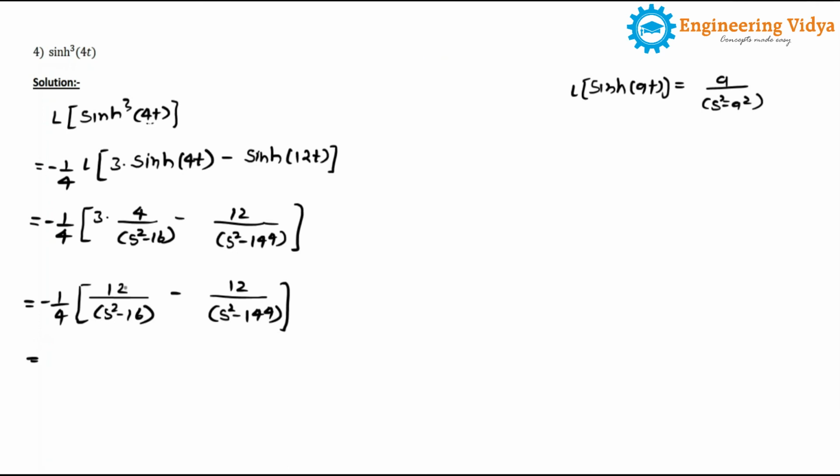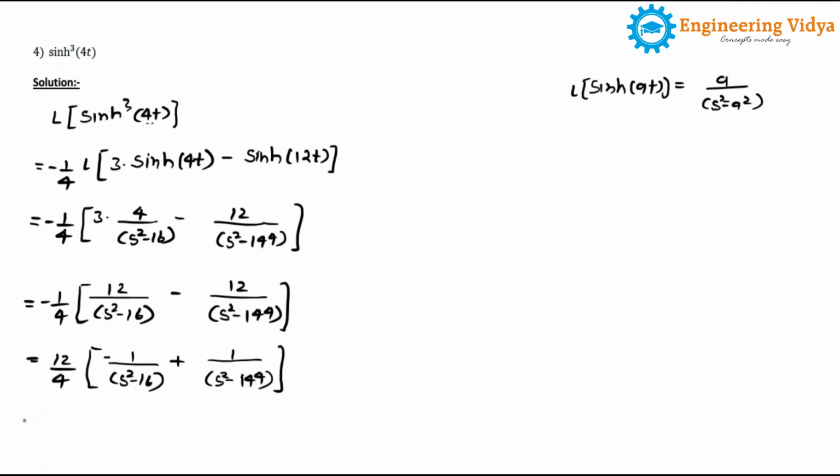So here we can take 12 outside, here minus we have, so minus we can multiply inside, right? So 12 by 4, and then 1 upon s square minus 16, and here minus we have, so minus will be minus, and then plus 1 upon s square minus 144, right?